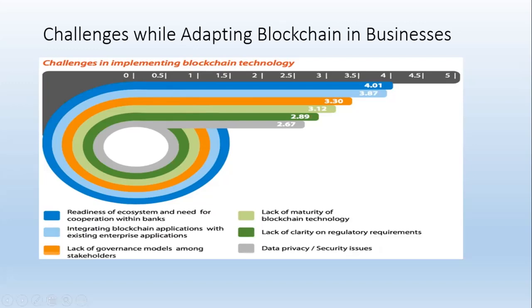The next color code is integrating blockchain applications with existing applications. It is another challenge, and its impact is very important to consider. It makes it very difficult to go towards blockchain. The next difficulty is lack of governance models among stakeholders. And next are lack of maturity of blockchain technology, lack of clarity on regulatory requirements, and data privacy and security issues.